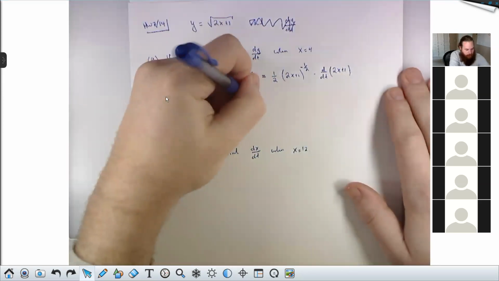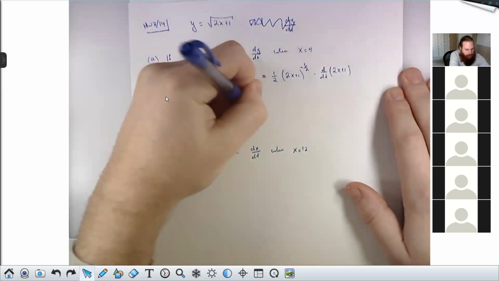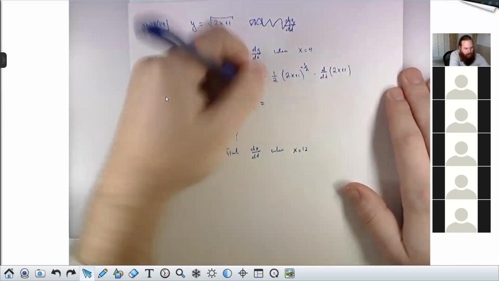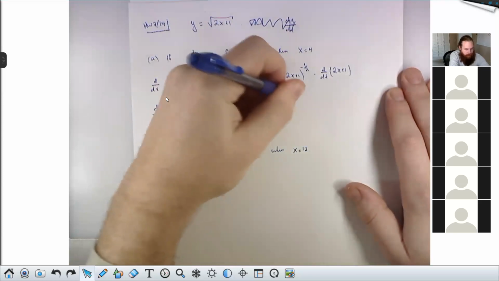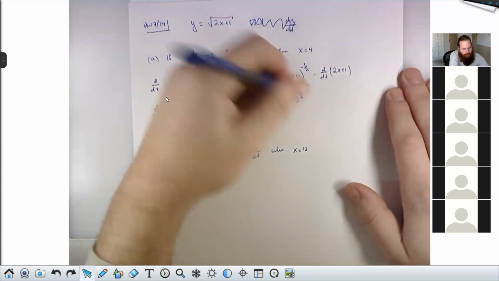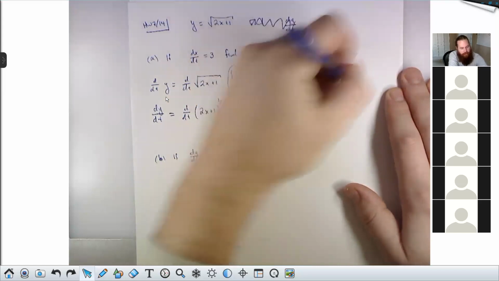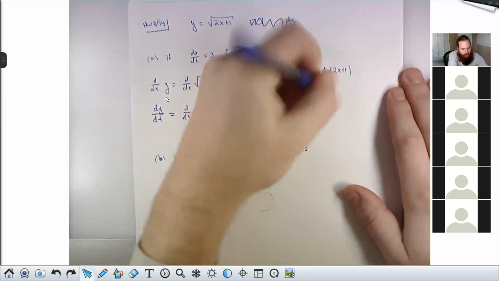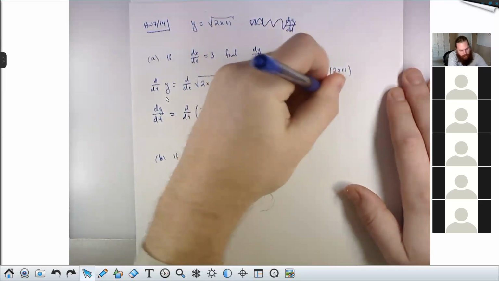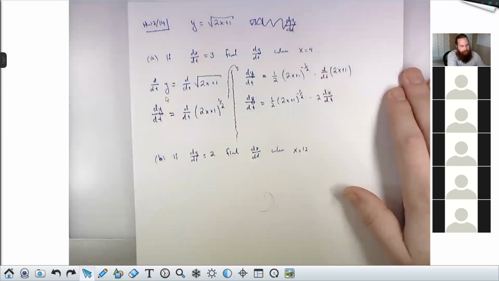And then I continue. My left-hand side is still dy dt. I've got my 1/2 (2x plus 1) to the negative 1/2. And then d dt of 2x plus 1. That's 2 dx dt.